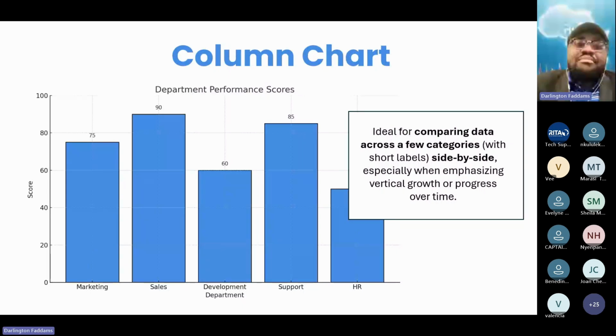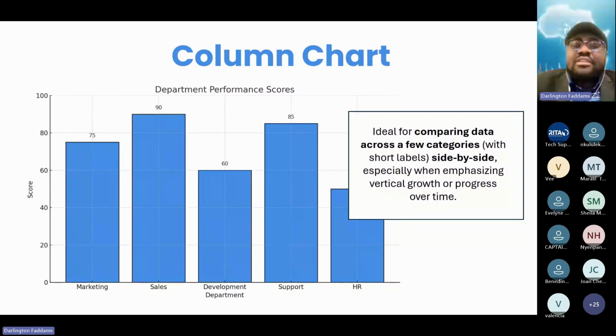You may be comparing categories of products, let's say laptops, desktops, smartphones, notebook computers, and so on. With this particular type of comparison, they have short labels. So you can see that we have marketing very short, sales very short, support very short, HR very short, and even the development department, we can even shorten it.